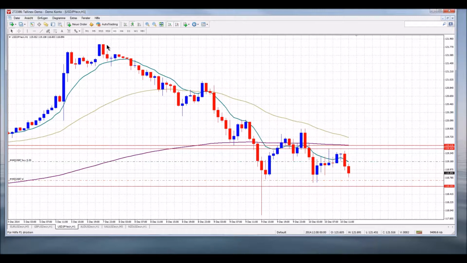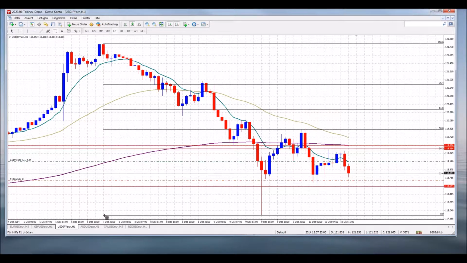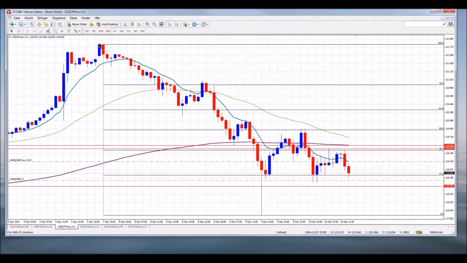It started here already on Monday and went from 121.80 as low as 117.90 roughly. Okay, so we are now here at the 23.6 retracement from the way down, so around the 118.80 level.